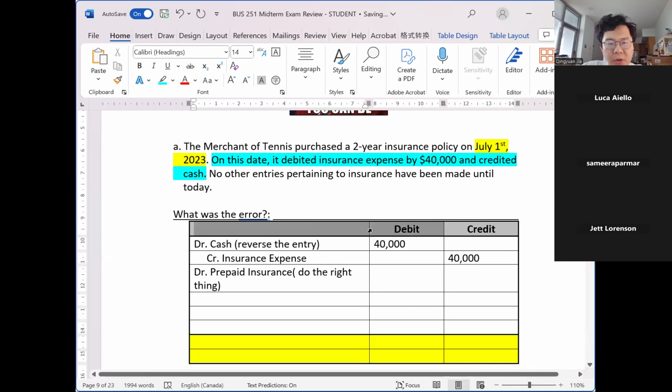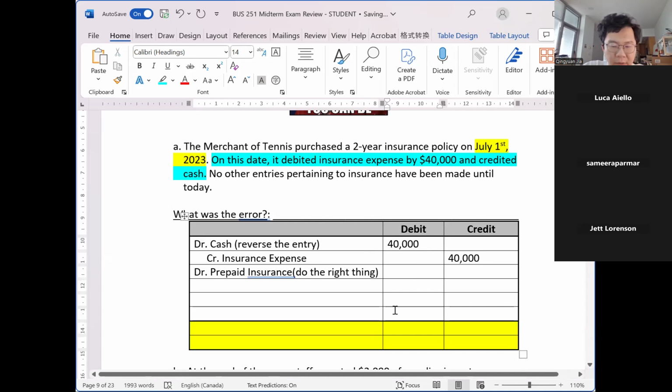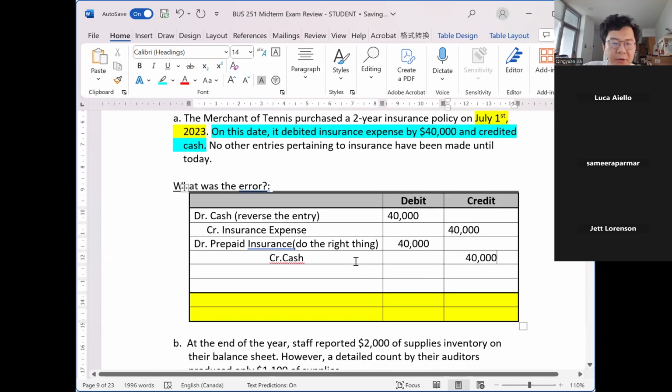And this time we're doing the right thing, and we put 40,000. We debit prepaid insurance. We are debiting the asset to show that our assets are going up, and we will credit cash because we are paying the money out, and we put 40,000 here. And this is the right journal entry.